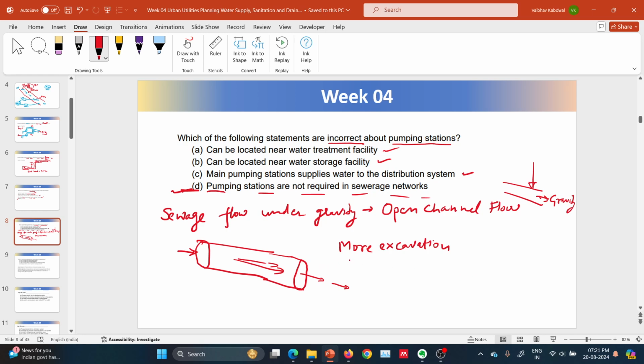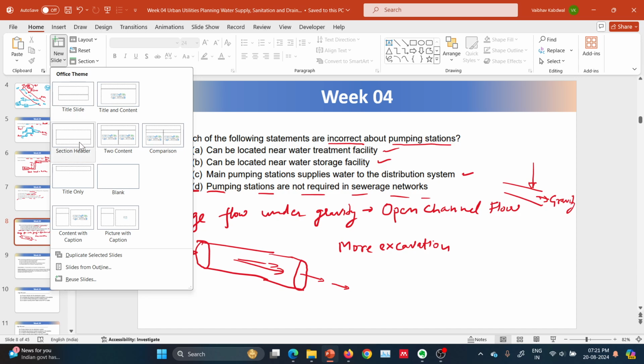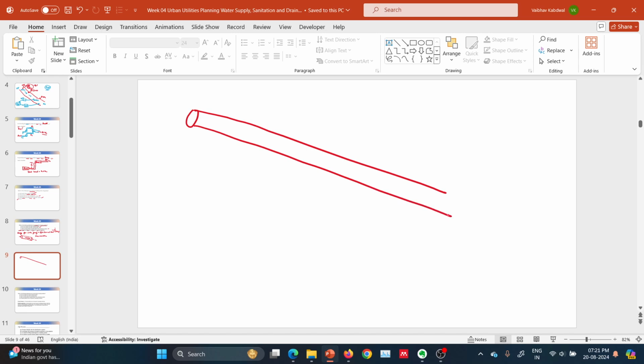So what we will do, we will do it like this. If we go for a slope, we have to go like this. But we will not go this way. We'll go for smaller stretches, and then we'll pump. Then we will again provide sewers that will flow under gravity.